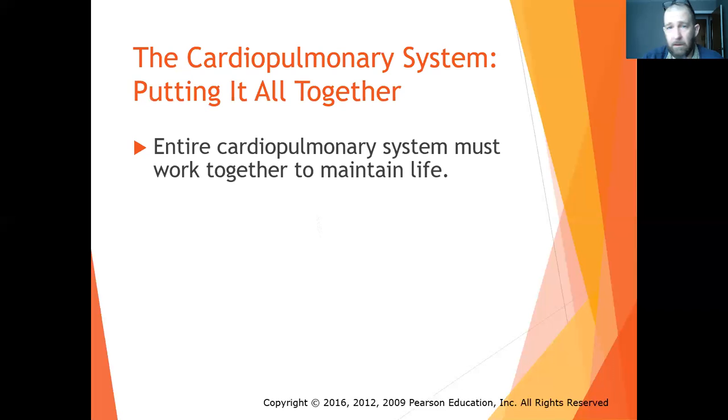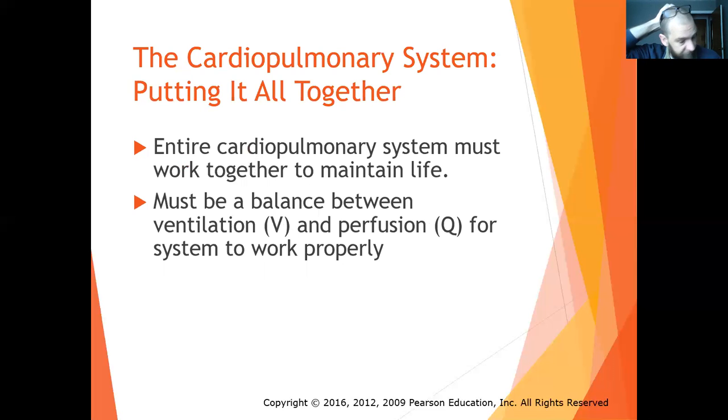So, putting it all together, the whole cardiopulmonary system has got to be working together in conjunction to work just right, to keep us in that Goldilocks zone of enough minute volume and cardiac output, keeping them at the right levels. Having those two things in balance is called a VQ match. Ventilation is the V, and the Q is perfusion. They had to use Q for perfusion.